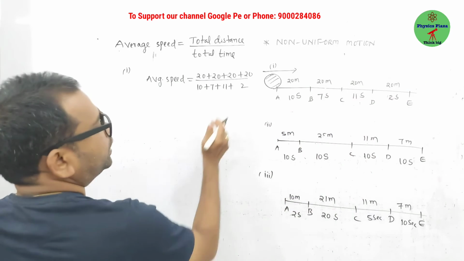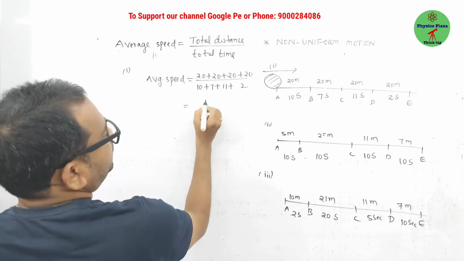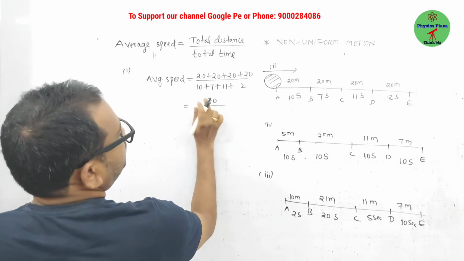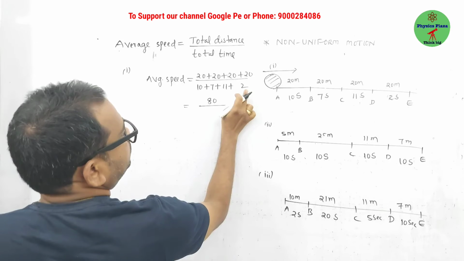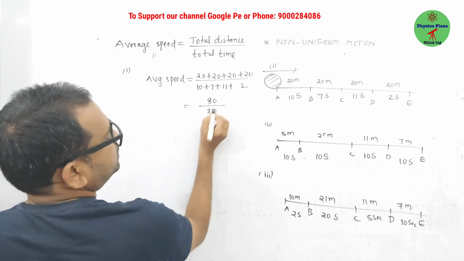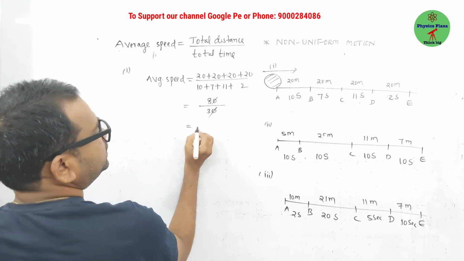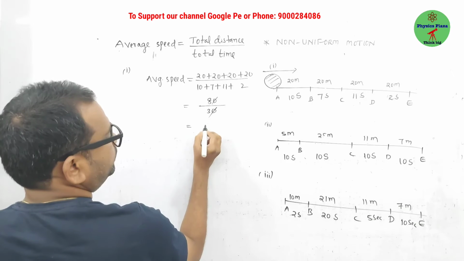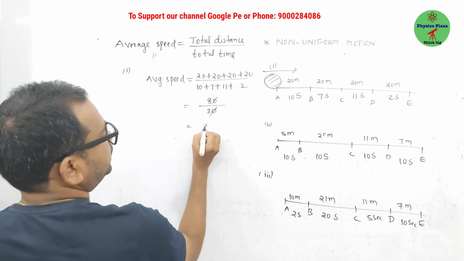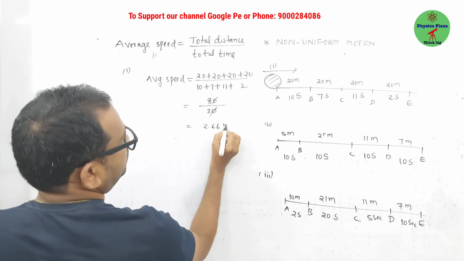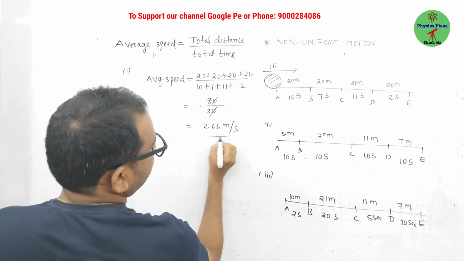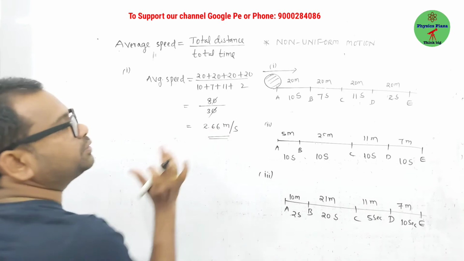Now look at it. The top one is 80 and the bottom is going to be 30. So 8 by 3. You divide 8 by 3, which is 2.66 meters per second. So this is the average speed.